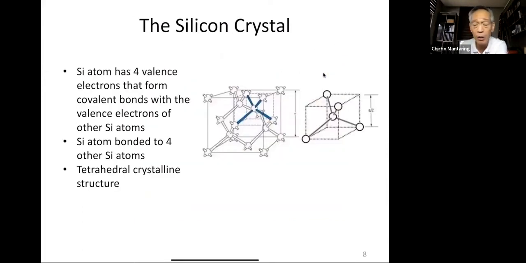So going back to silicon, we said that we're going to deal mostly with crystalline semiconductors. Silicon has a regular pattern of position of its atoms, and that pattern is tetrahedral in nature. This is the base shape of your silicon crystal.